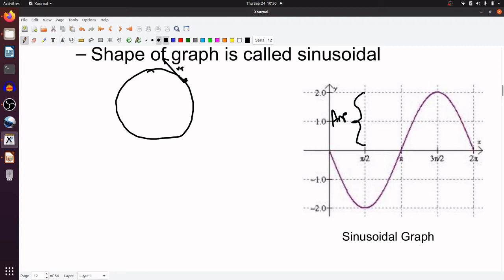Now that tangential velocity is going to have components to it, just like every other thing has. There we are. It'll have a horizontal velocity component, Vx, which will go to the right, and a vertical component, Vy, which is going to go up. So everything has x and y components, whether or not they're 0 is irrelevant.